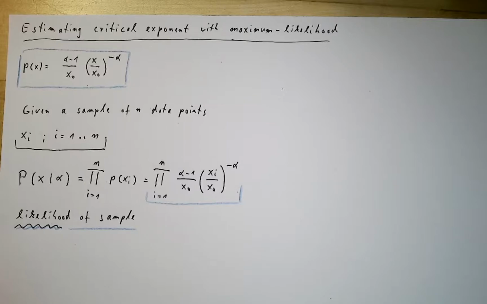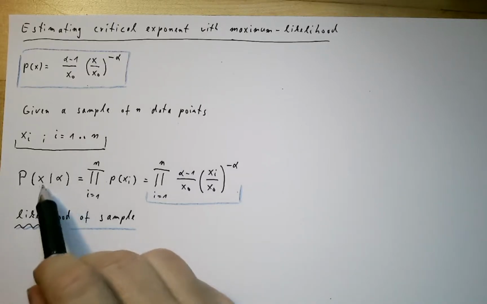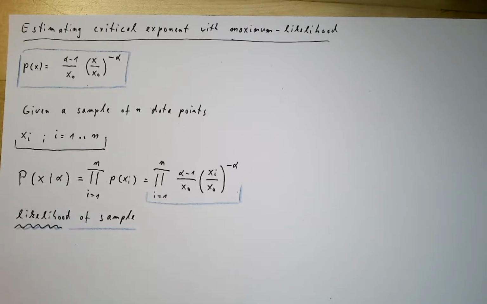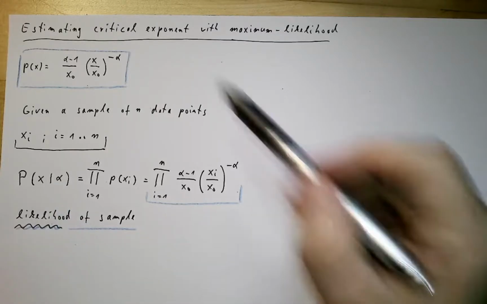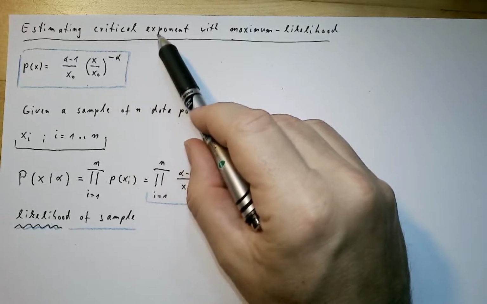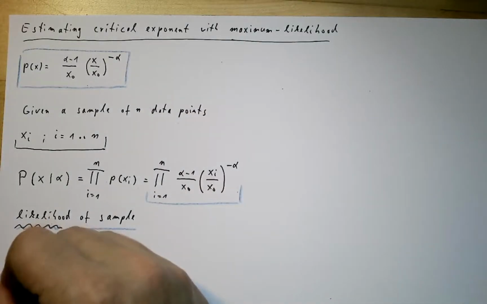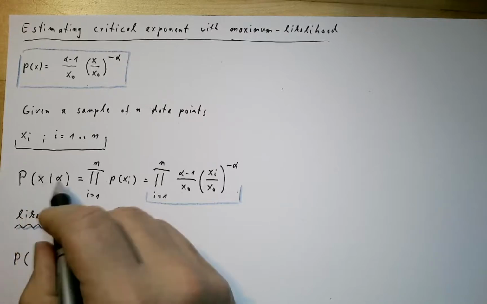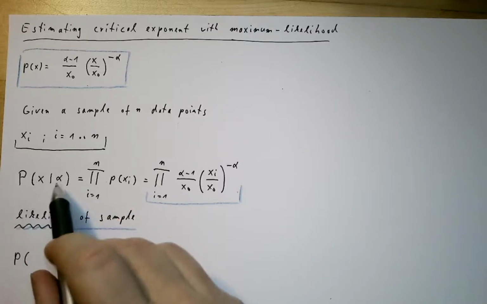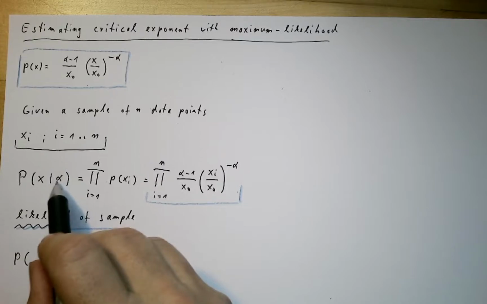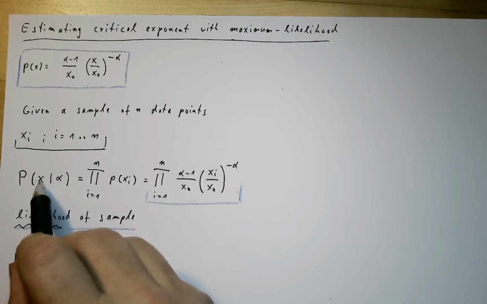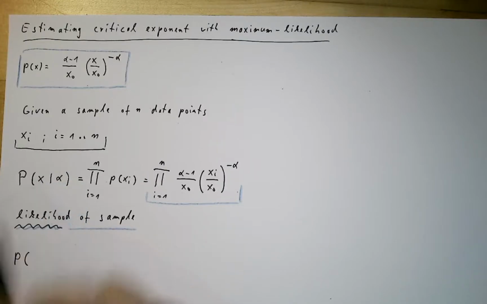But this is not really what we are looking for. We are looking not for this likelihood, because we want to estimate the critical exponent, what we want to have actually is different. So that's a conditional probability, right? Given a certain alpha, what's the probability or the likelihood to have the sample?